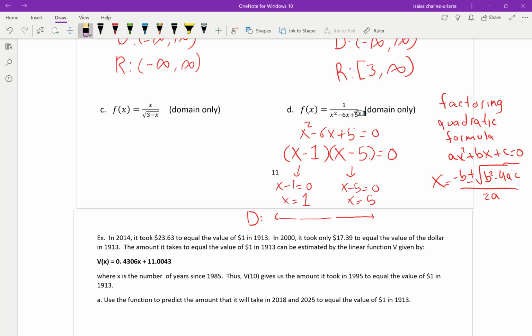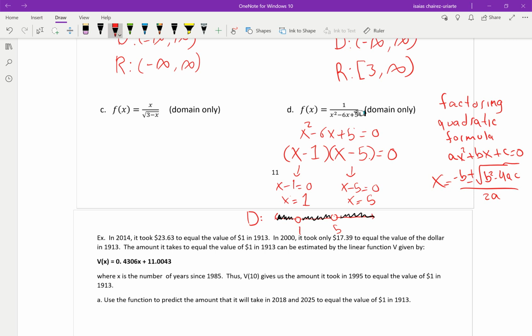So this is 1 right here, and this is 5. I do not want 1 and I do not want 5. My domain is pretty much everything else: all the numbers less than 1, all the numbers between 1 and 5, and all the numbers bigger than 5. It's everything except for 1 and 5.